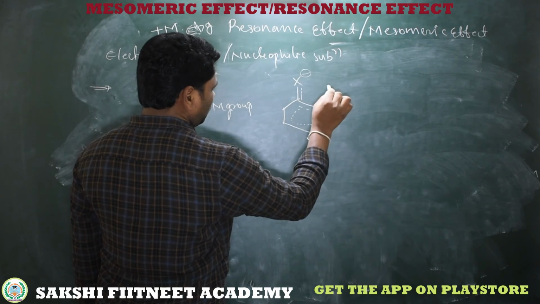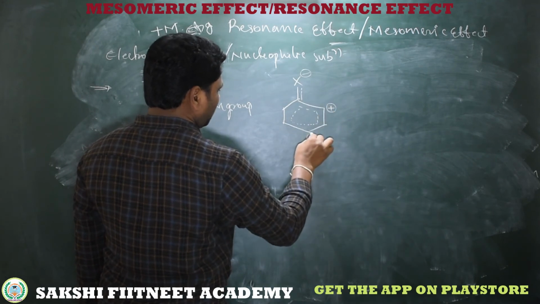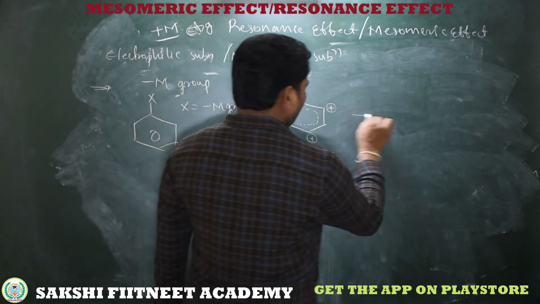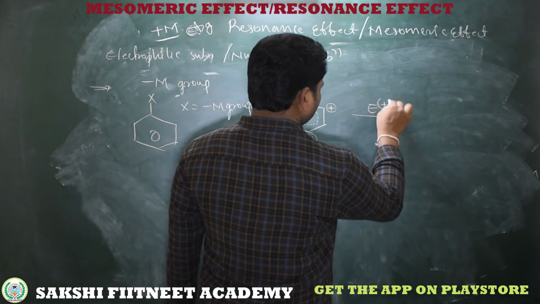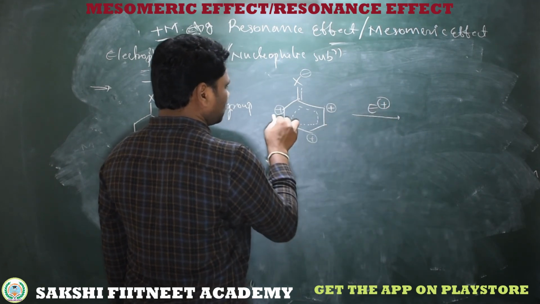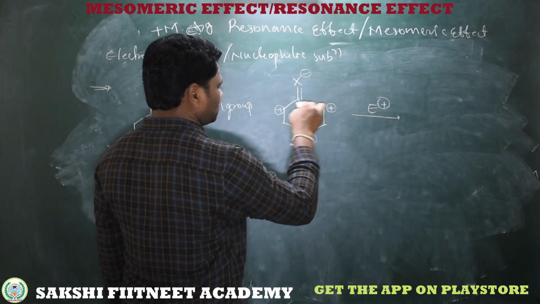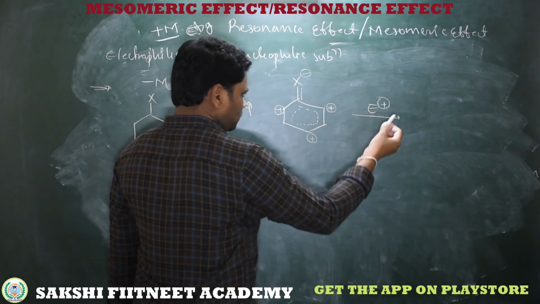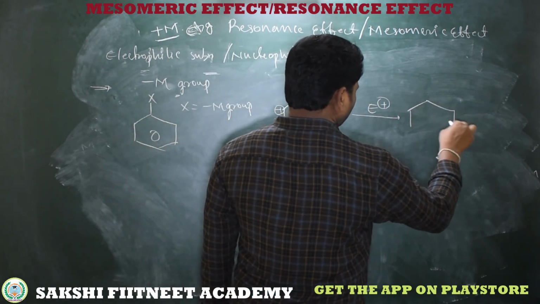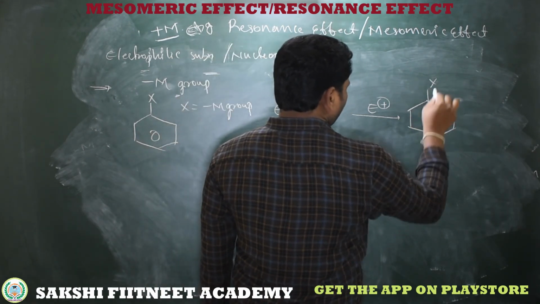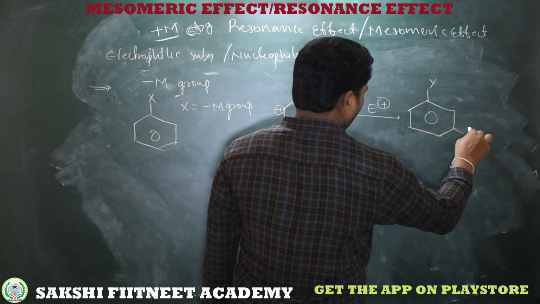So here positive at ortho, positive at para, positive at ortho. So if we give an electrophile, the electrophile is not going to attack ortho, para, ortho, because these centers are positively charged. Positive charge means there is no chance to substitute at ortho, para, ortho. So simply it attacks meta.